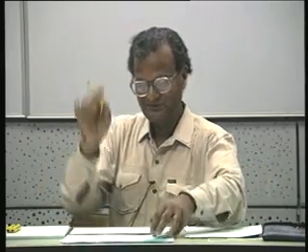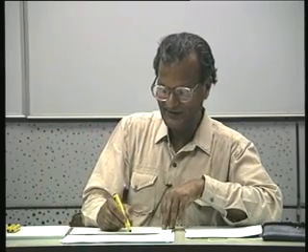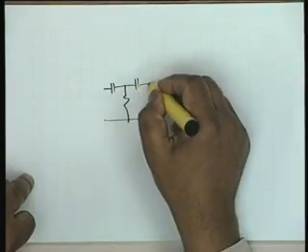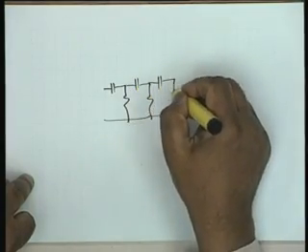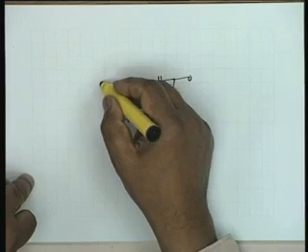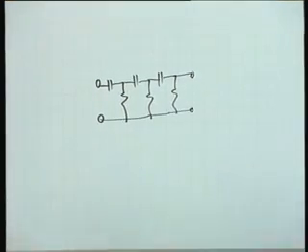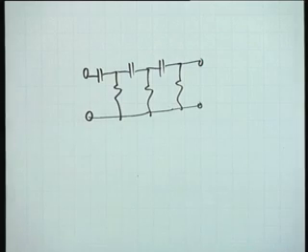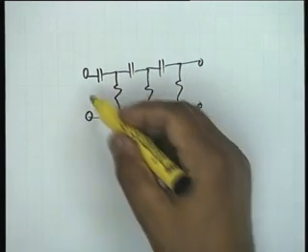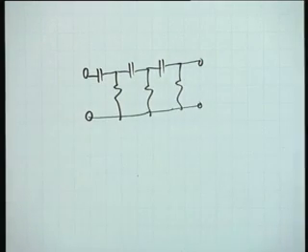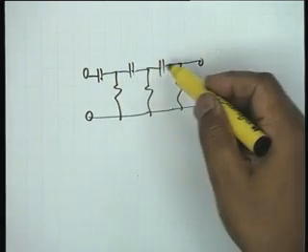Let me take an example. You know this phase shifting network. Where are the zeros of transmission? Obviously at S equal to 0. At BC, if you have a voltage source here, nothing will appear here. How many zeros of transmission? At obviously 3. One due to this, one due to this, one due to this.